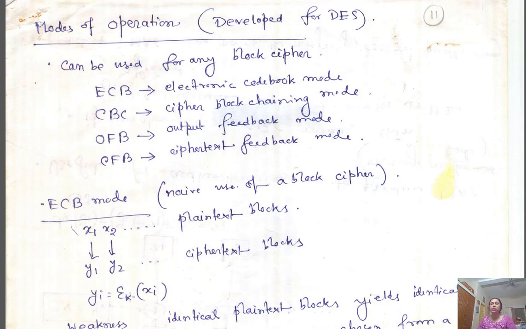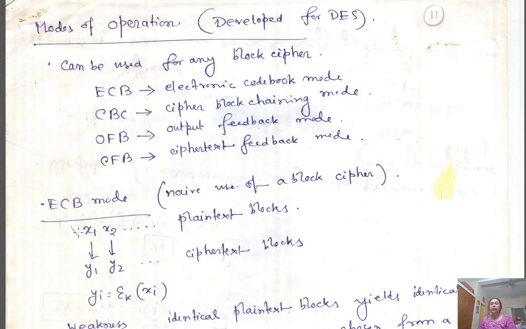We apply DES using the same key, and X1 is encrypted to Y1, X2 is encrypted to Y2, X3 is encrypted to Y3, XM is encrypted to YM. So from the plain text blocks you get the ciphertext blocks Y1, Y2, up to YM.